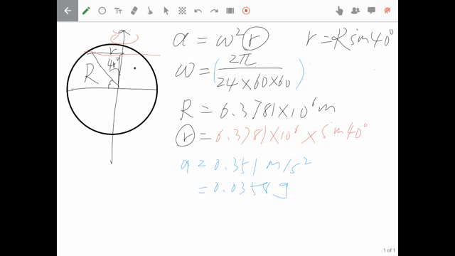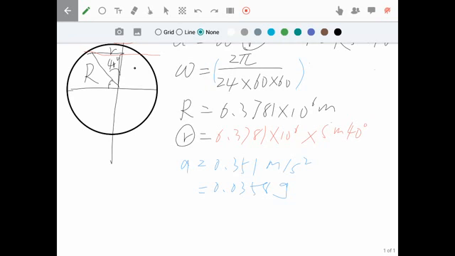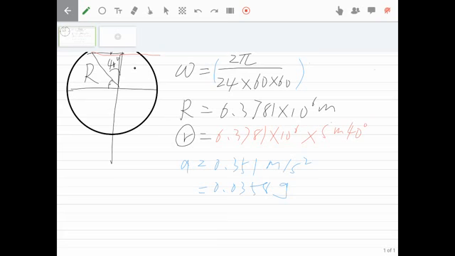The gravitation and g should point to the center of the Earth, right? So I'll show you the diagram here. I'll start a new page.